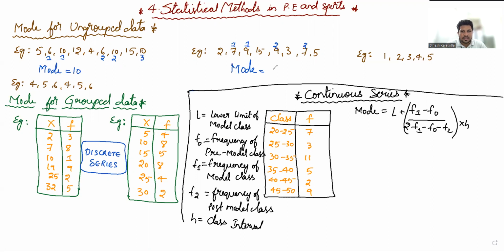The mode of this given data is 7 and 9. This type of mode is known as bimodal.